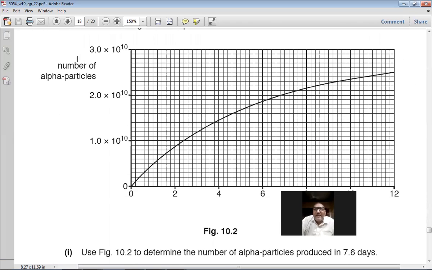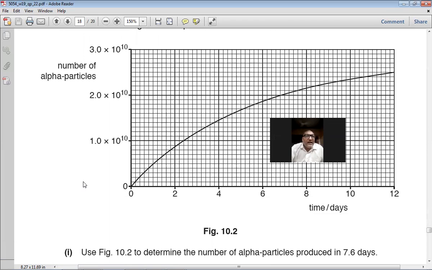So here we have figure 10.2. Time is given in days on the x-axis, and on the y-axis we have the number of alpha particles produced. Use figure 10.2 to determine the number of alpha particles produced in 7.6 days.